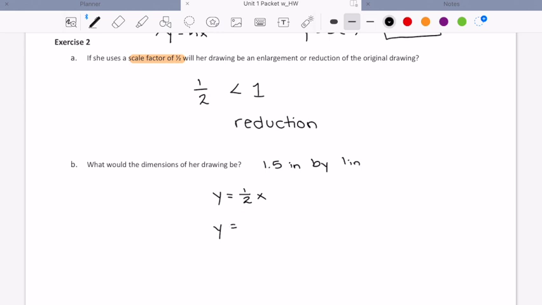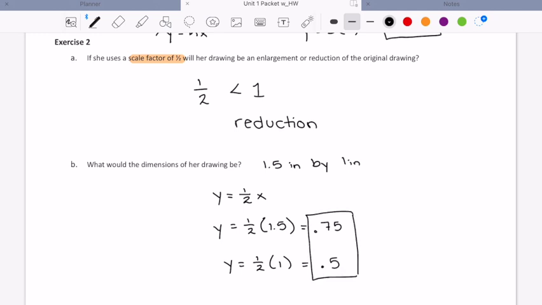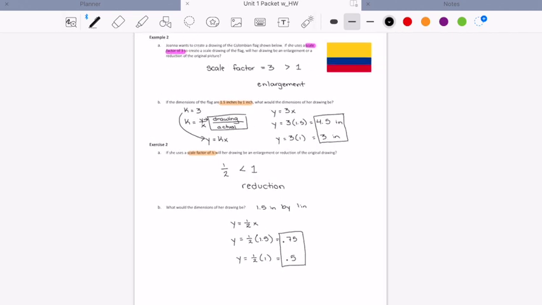So I should have 1/2 times 1.5, which should give me 0.75. And 1/2 times 1, which is 1/2 or 0.5. So my new dimensions would be 0.75 by 0.5. Right, let's try another example.